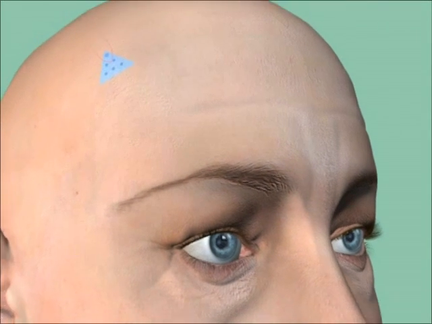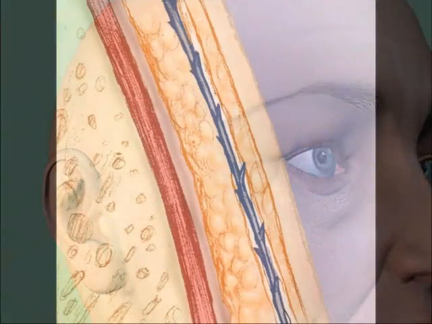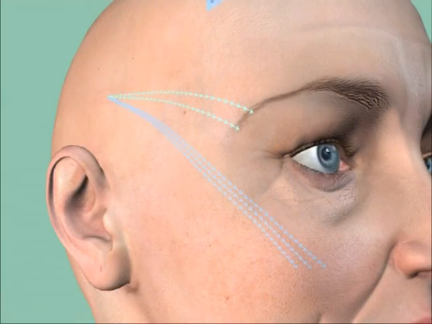The malojugal zone is fixed with a hanger system such as Aptos cog thread. The tail of the eyebrow is also suspended.